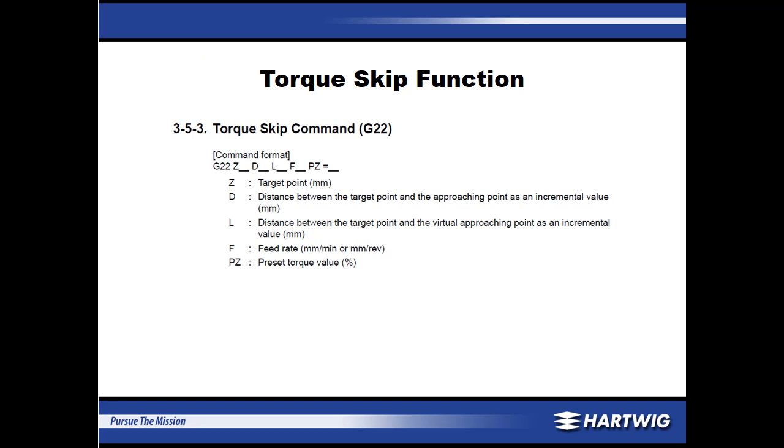That means my total allowable range to torque seat onto my part would be 450 thousandths to 550 thousandths with the torque skip command. And it will torque on at a feed rate defined by F to the preset torque value of PW equals on this line. This will not match your G29 command. This will need to be less than your G29 command.